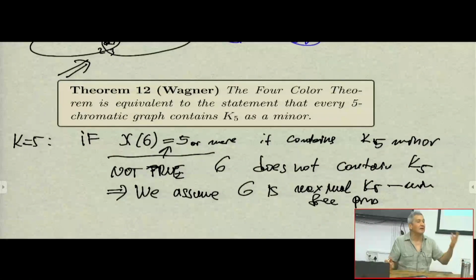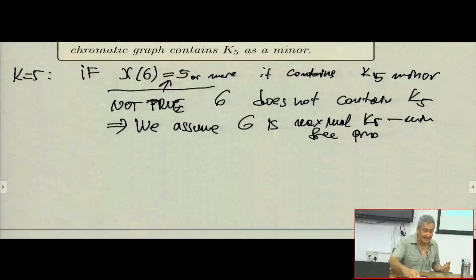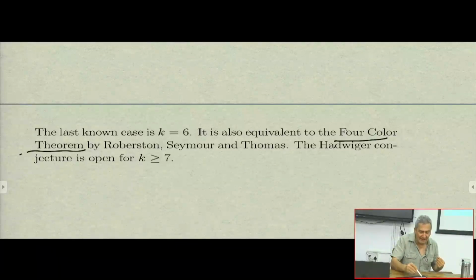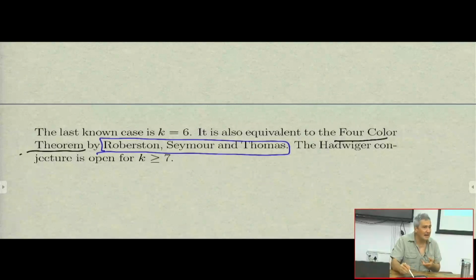K6 is now again equivalent to the four-color theorem. Do you recognize these names? These people gave this short proof of the four-color theorem with 700 configurations only, yes?